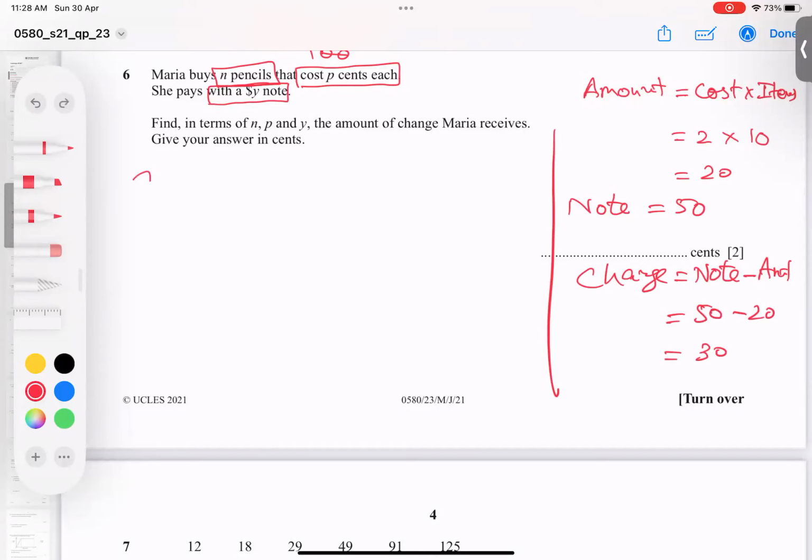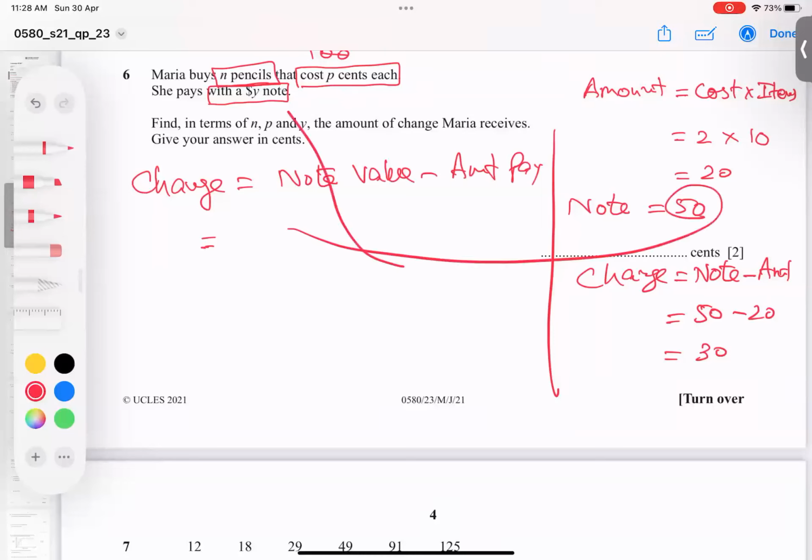So how to get change? Change equals note value minus amount of payment. Here the note value is Y. Here it was a 50 riyal note, here a Y dollar note.